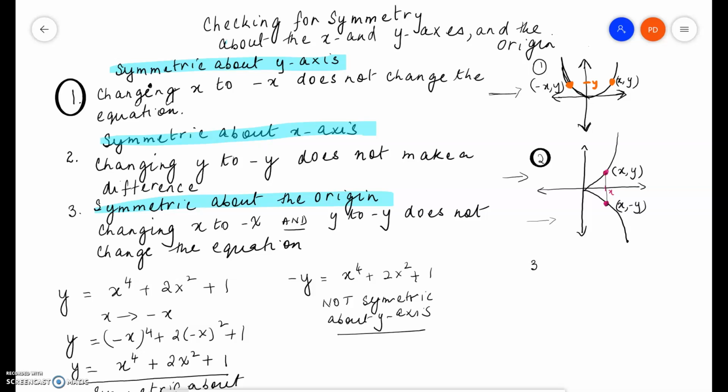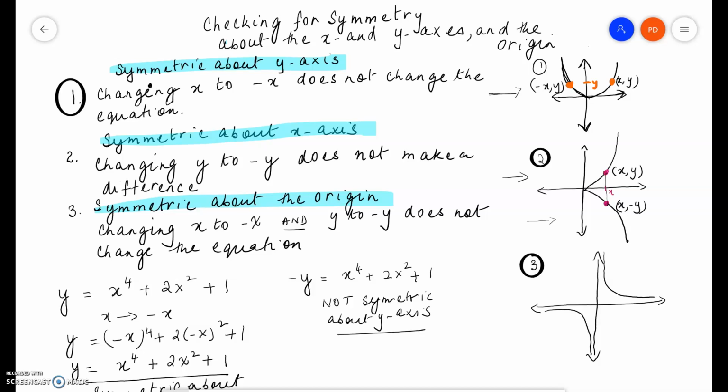Now, how do we check for symmetry about the origin? So here's an example of a graph that's symmetric about the origin. Changing x to negative x and y to negative y does not make a difference in the equation.